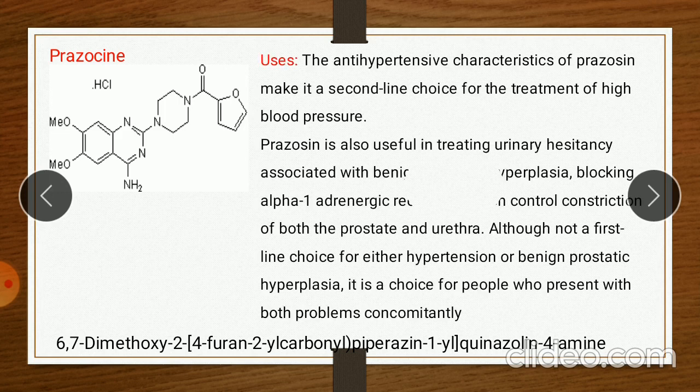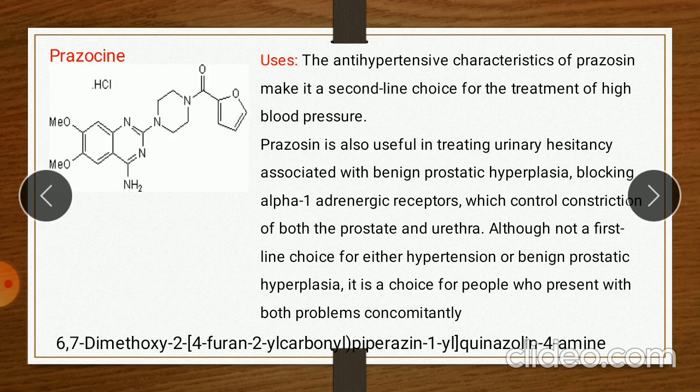Uses of this drug. The antihypertensive characteristic of prazosin makes it a second line choice for the treatment of high blood pressure. Prazosin is also useful in treating urinary hesitancy associated with benign prostatic hyperplasia, by blocking the alpha-1 adrenergic receptor, which controls constriction of both the prostate and urethra. Although not a first choice for either hypertension or benign prostatic hyperplasia, it is a choice for people who present with both problems concomitantly.